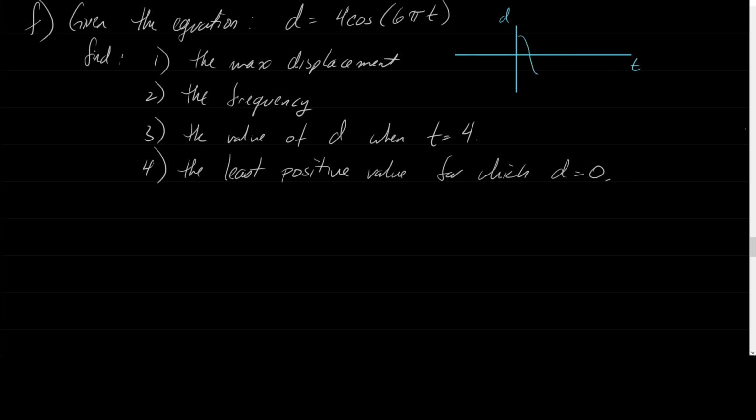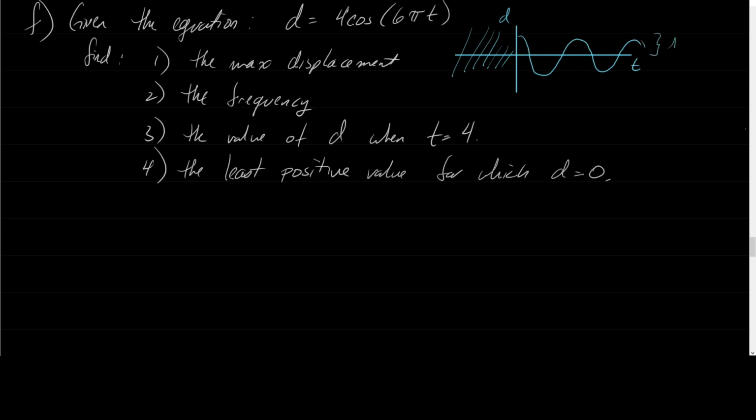There we go. Way better now. So we've got something that's moving this way. Notice that I didn't draw anything to the left of it. The reason for that is because over here t would be negative, and with simple harmonic motion t is time. So there's no sense of talking about negative time for something like this. Now, since this is moving this way, it's asking about the maximum displacement. So the maximum displacement, well, let's think about this.